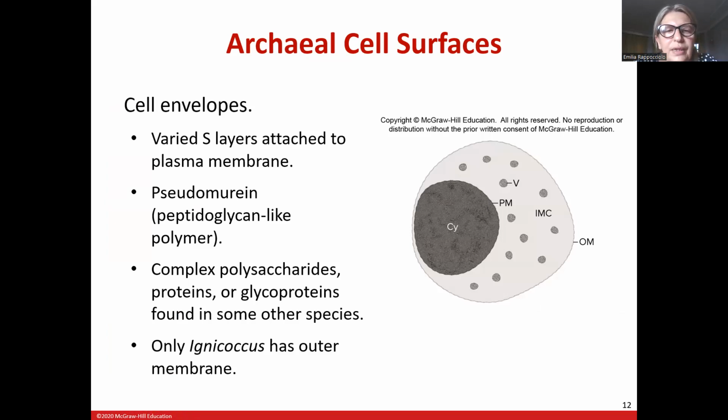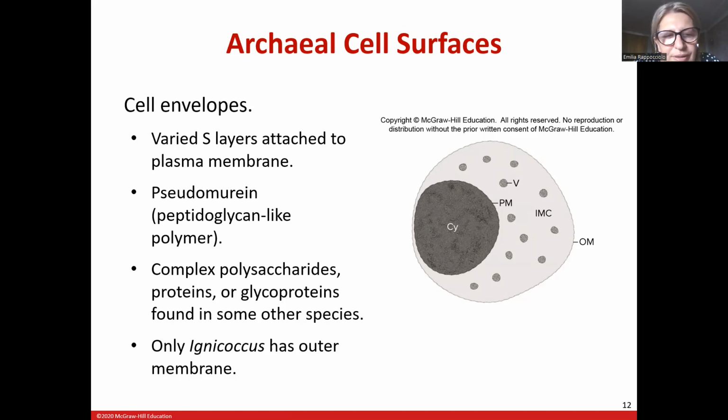The plasma membrane can have an S layer attached to it. It can have part of the cell wall made using a polymer, which is similar to peptidoglycan, but is not peptidoglycan. This is called pseudomurein. Remember yesterday we said that peptidoglycan used to be called murein. This looks like murein, pseudo, but is not murein, so pseudomurein.